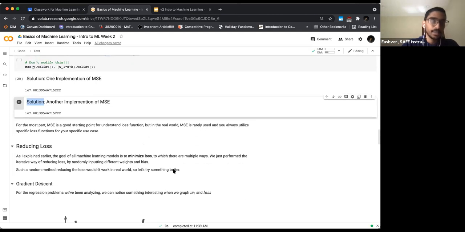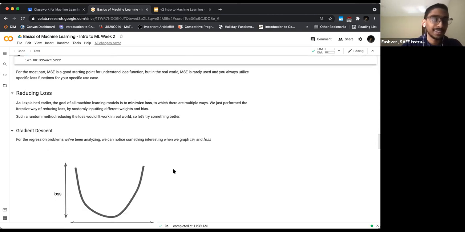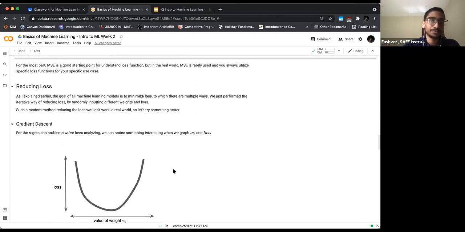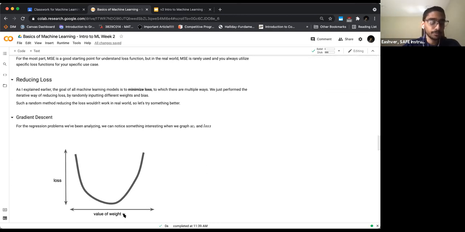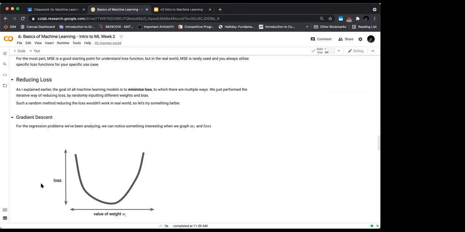In comes gradient descent. For the regression problems we'll be analyzing, when you graph the weight W1 against loss, you get essentially a parabola. Wait, what is weight? I still didn't understand that.